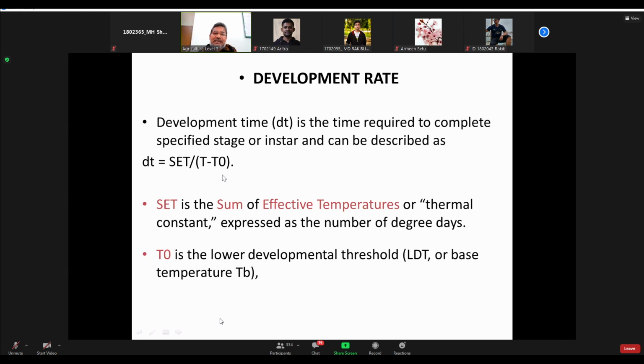So we know SET. We would like to know the developmental period of that particular insect at 25 degrees centigrade. We know the developmental threshold temperatures. So can we calculate now the developmental duration of that particular insect's developmental time?